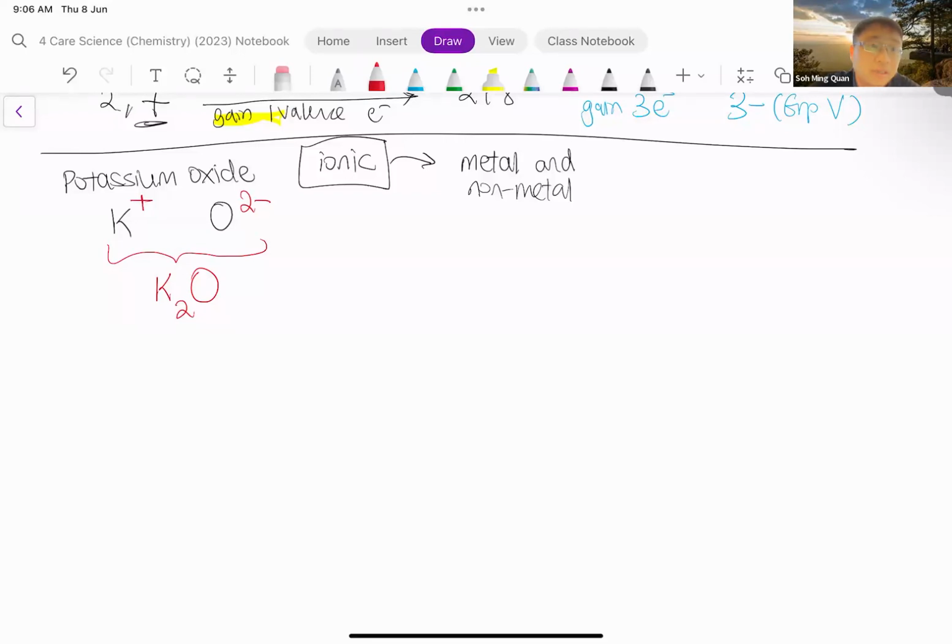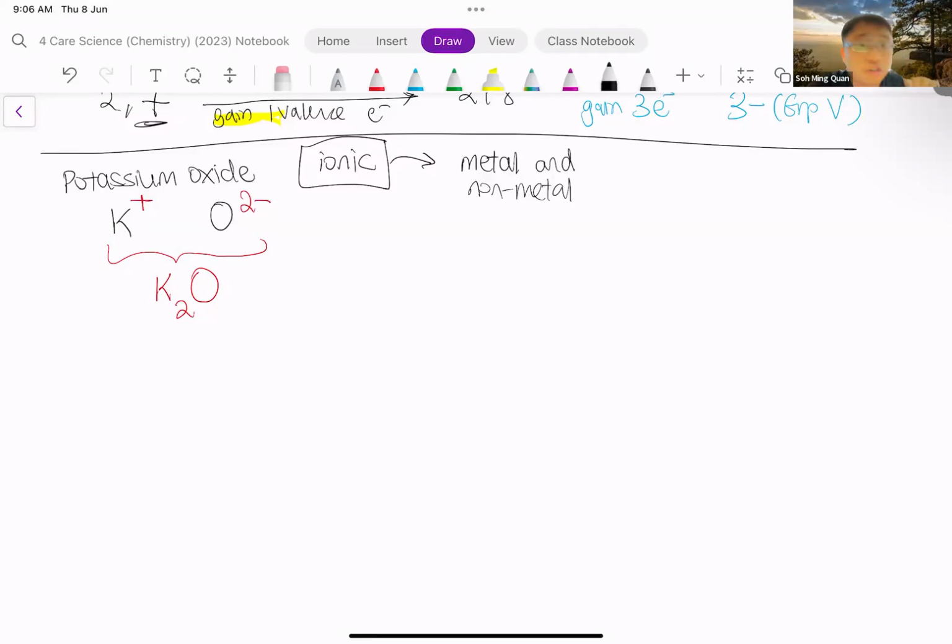By remembering that potassium is group 1, forms 1+, and oxygen is group 6, forms 2-, you are able to write the formula K2O out very, very quickly. Now, this is also logical. Potassium loses one valence electron, but oxygen gains two valence electrons, which means that oxygen needs to bond with two potassium because each potassium can only lose one valence electron.